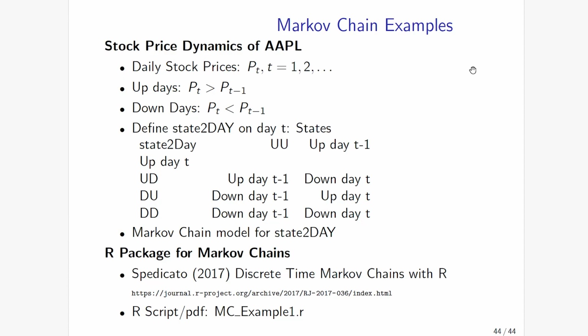But we can consider defining a 2-day state, which is, let's see, the formatting here is a little off, but we could have 2 up days in a row, an up day followed by a down day, a down day followed by an up day, and a down day followed by a down day. And look at trying to model the state changes for a 2-day state with a Markov chain.